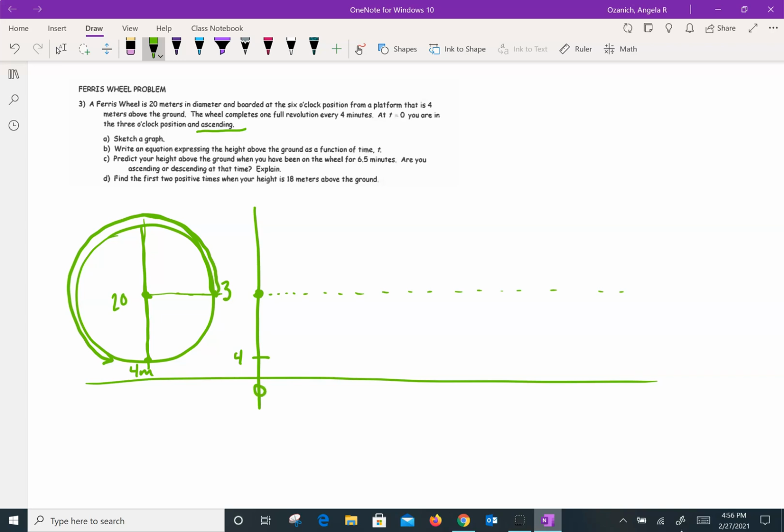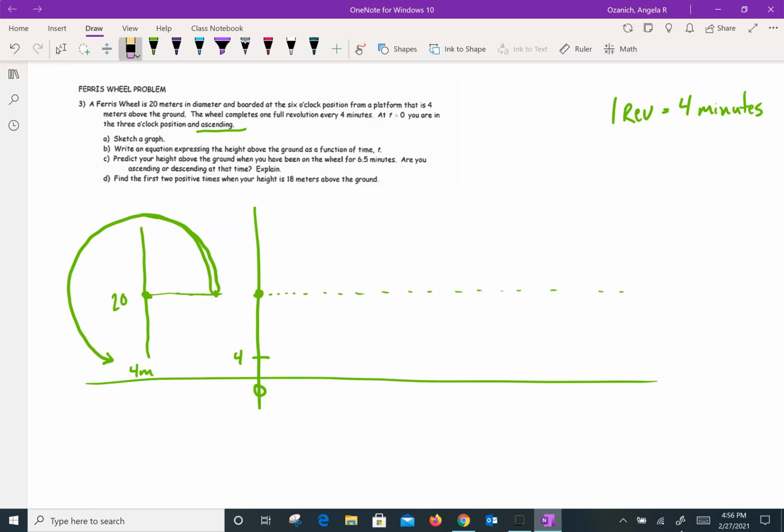And I think this is given in minutes because it tells us that you have 1 revolution every 4 minutes. So that's going to be important. So we're just gathering information here and trying to sketch our graph. There's a lot of information. I'm going to erase my 3 o'clock just because I don't want that to throw you off.